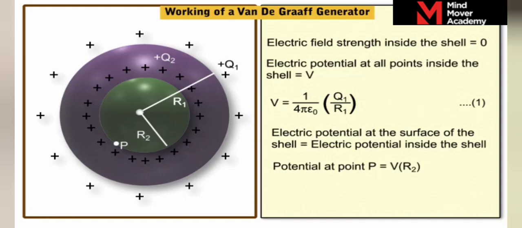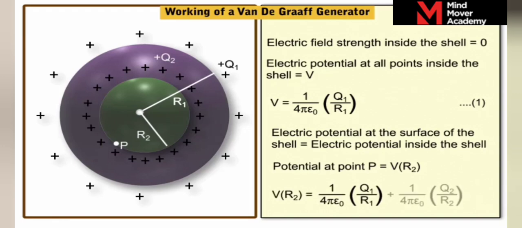This potential is due to the charge on both the spheres. Then, VR2 is equal to 1 by 4 pi epsilon naught Q1 by R1 plus 1 by 4 pi epsilon naught Q2 by R2. Here, 1 by 4 pi epsilon naught Q1 by R1 is the potential due to the charge on the outer sphere, and 1 by 4 pi epsilon naught Q2 by R2 is the potential due to the charge on the inner sphere.